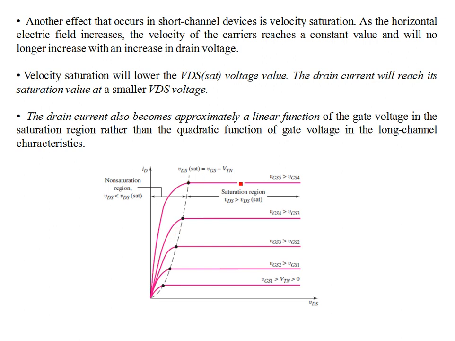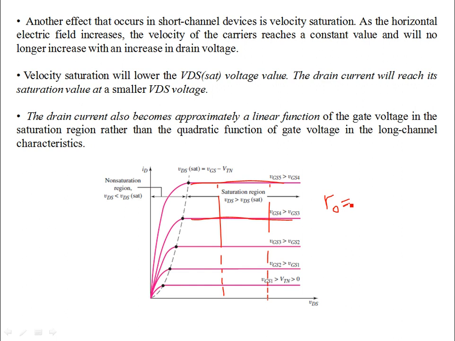MOSFETs in the saturation region have a drain to source current which, for a given gate source voltage, is constant. It is not depending on any increase in VDS, any large increase in VDS rather. Do you see that the output resistance is given by the gradient in this region?